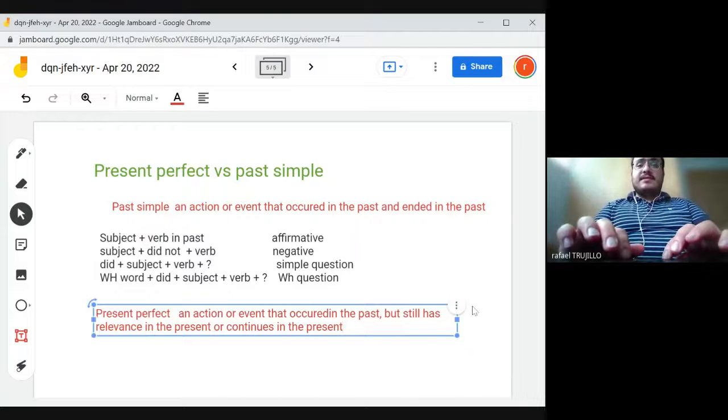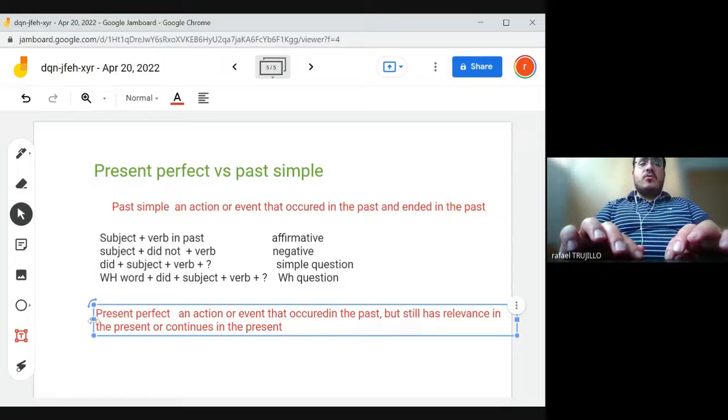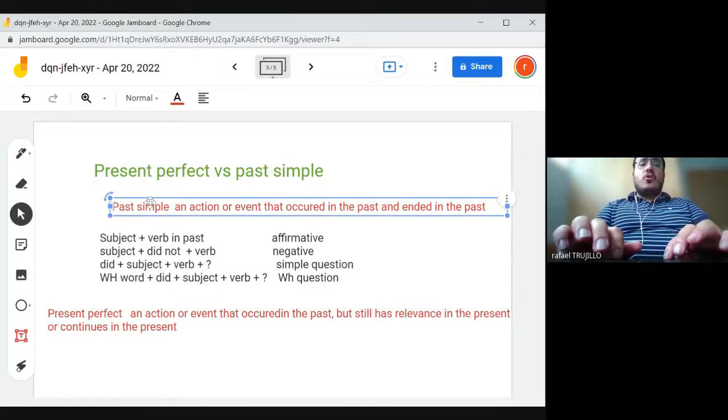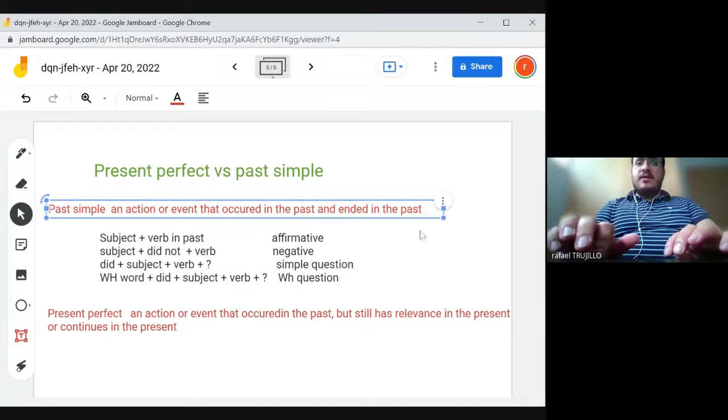And that's it. That is what we wanted. Es algo que inició en el pasado, pero o continúa en el presente o tiene relevancia en el presente.